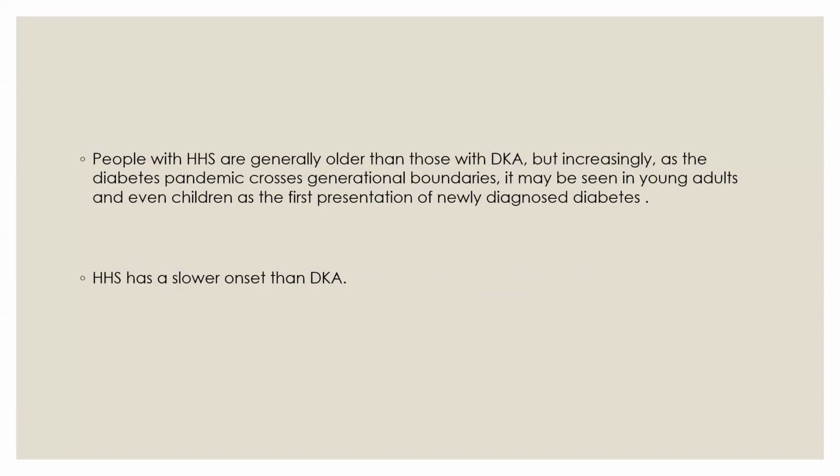People with HHS are generally older than those with DKA. But increasingly, as the diabetes pandemic crosses generational boundaries, it may be seen in young adults or even in children as a first presentation of newly diagnosed diabetes. HHS has a slower onset than DKA.